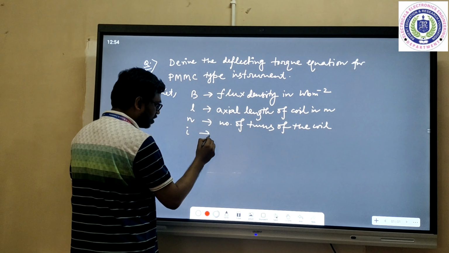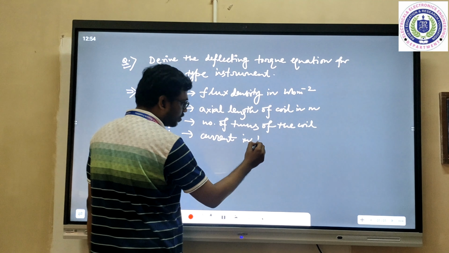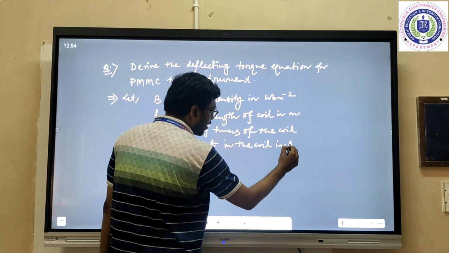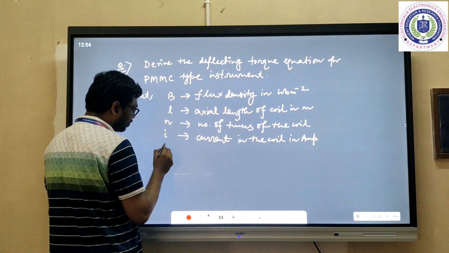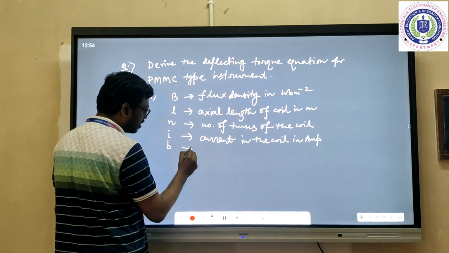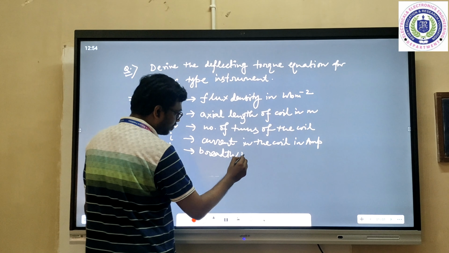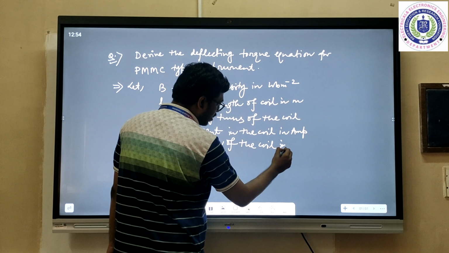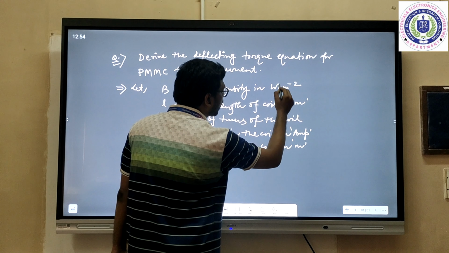I is the current in the coil in ampere, and b is the breadth of the coil in meter.